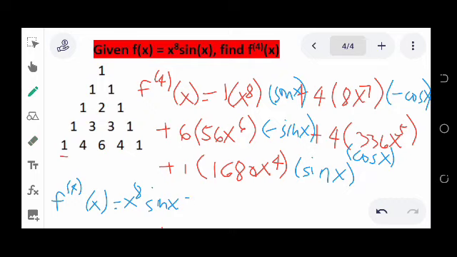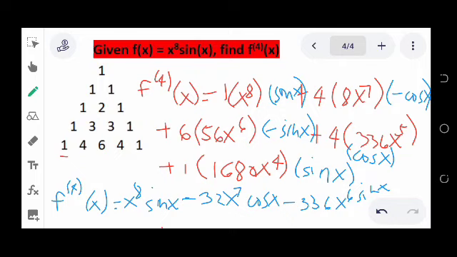This will be negative 32x to the 7th cosine x. Then this is negative 56 times 6. This is 336x to the 6th sine x.